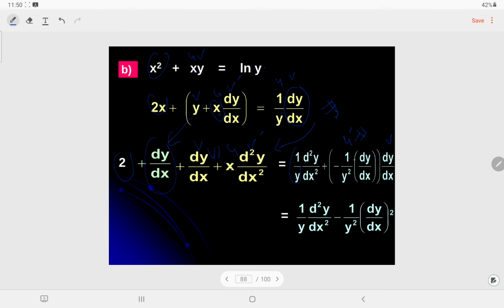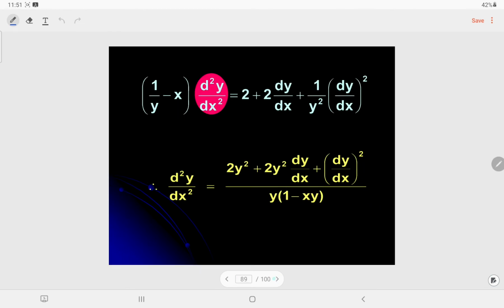Differentiate 1 over y, so it is y to the power of negative 1, so negative y to the power of negative 2, equivalent to negative 1 over y square. Since it is with respect to x, the variable y, so dy over dx. Then this is equivalent to this one.